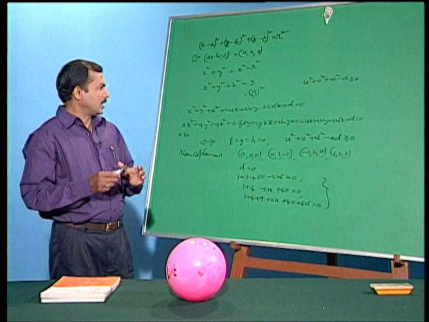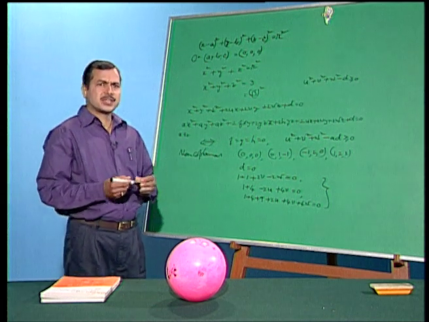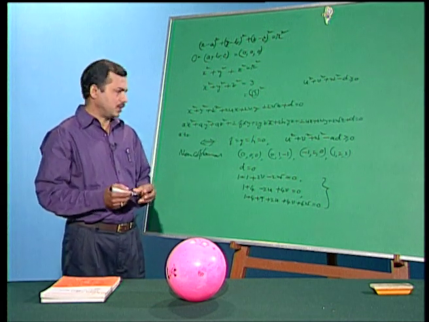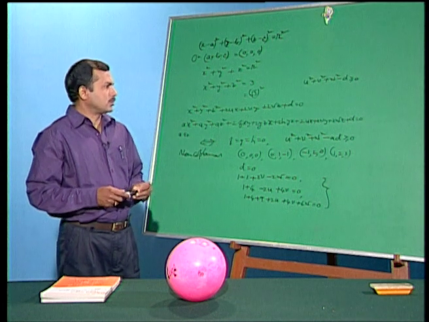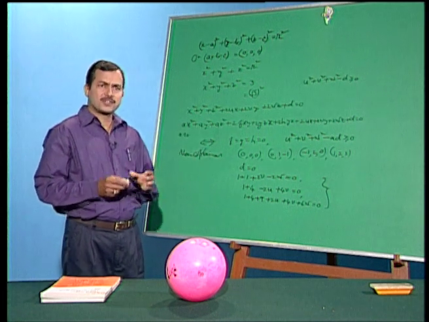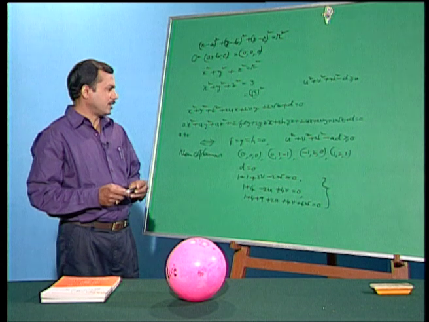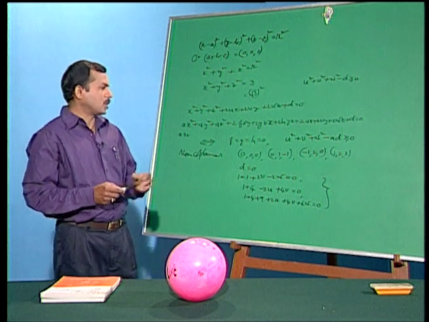We derived conditions for a second degree equation to be a sphere. We also looked at some numerical examples of spheres, and finally, given 4 non-coplanar points, we learned how to find a sphere passing through the given 4 non-coplanar points.